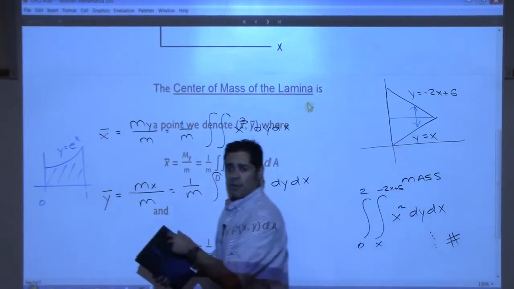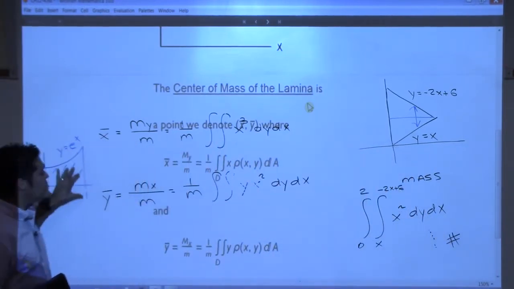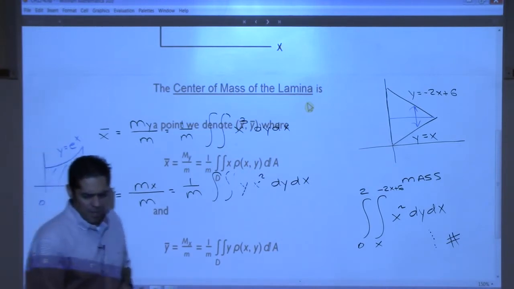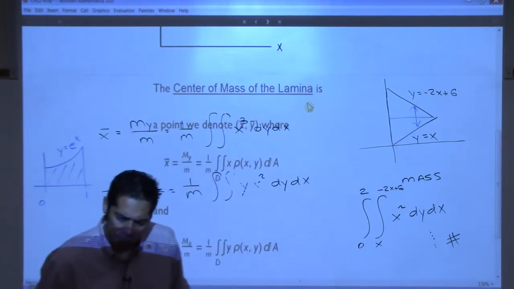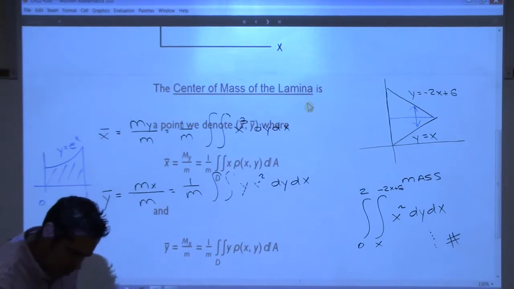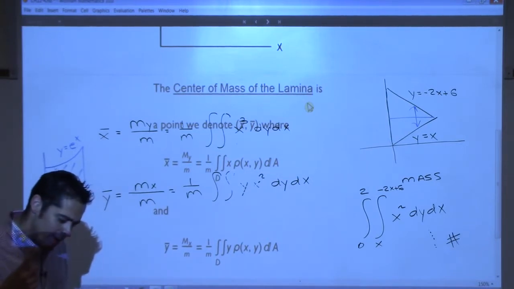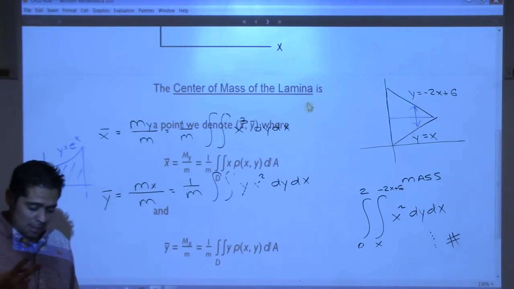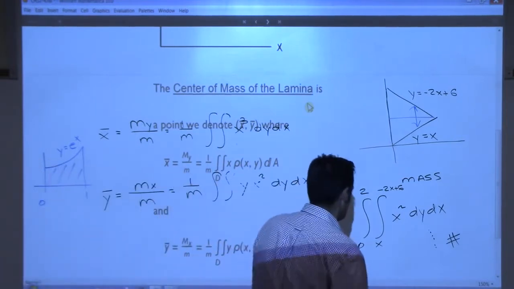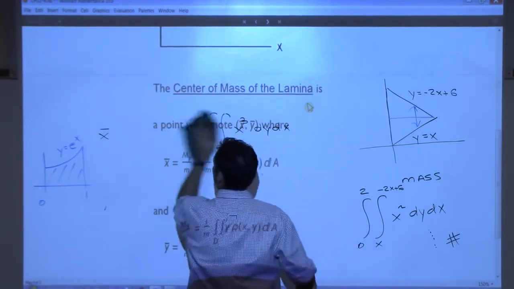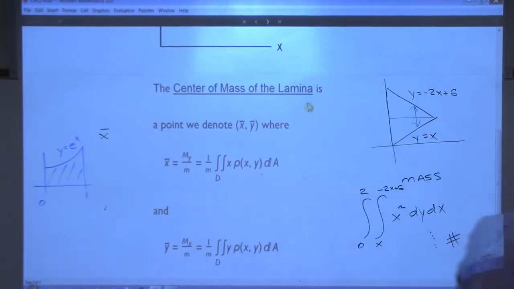Okay, did I resolve number 4 as far as what the region is? Now, on number 4, doesn't it ask you to compute the moments of inertia also? So you should be able to do part A. You should be able to do part B. Part C is moments of inertia. Just look in the notes, okay?